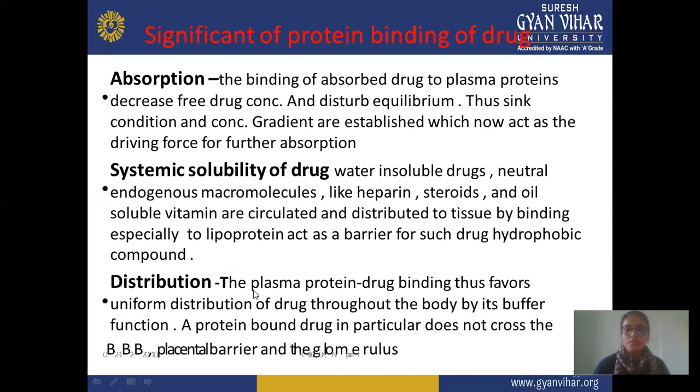In the blood-brain barrier there is a certain problem to cross, but in the placental barrier all drugs easily cross. If distribution and absorption are not affected, the drug may be excreted out, and due to this excretion the desired therapeutic effect is not observed at that particular site.